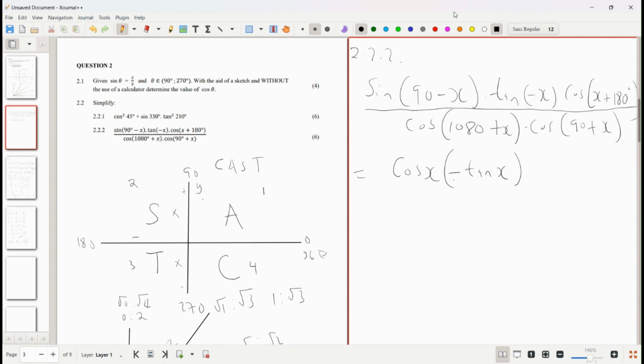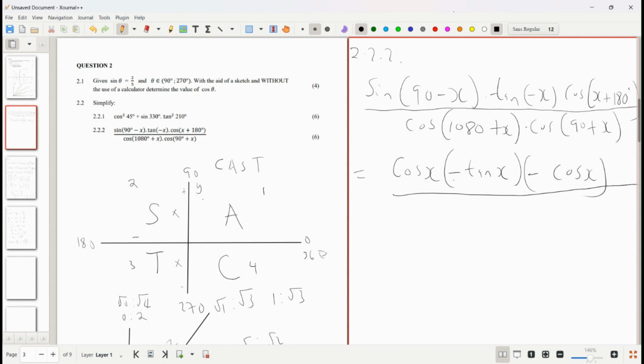Only tan is positive in the third quadrant. So it means cos will be negative in the third quadrant. So this will be negative cos x. Again, we need to put the brackets to indicate that we are still multiplying. This is just a sign for cos, right? Okay, then we divide by what?